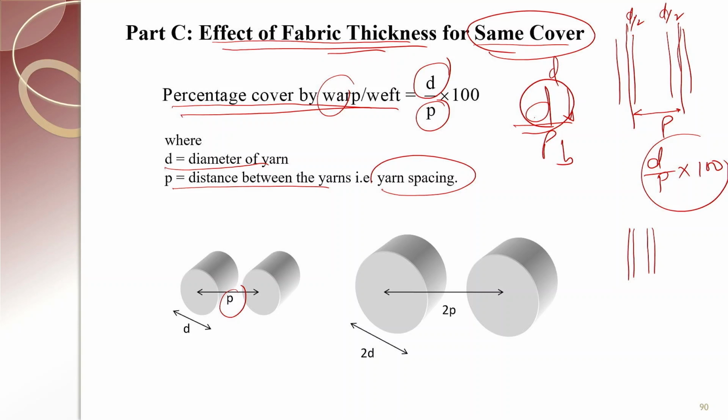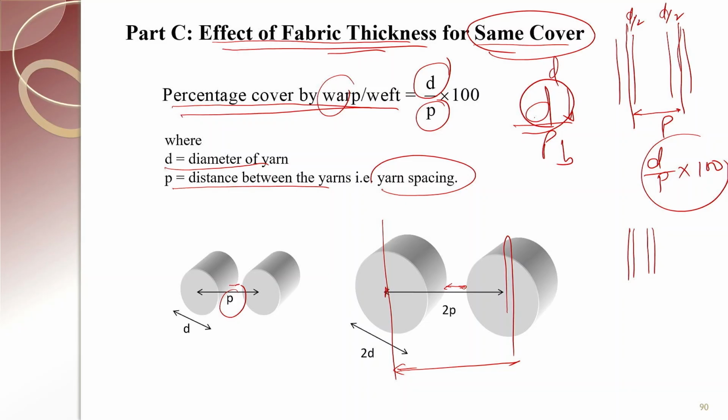If we try to keep the yarn with double diameter, 2d, here we must arrange the yarn with double the distance, because the effective spacing of the yarn should be kept constant.